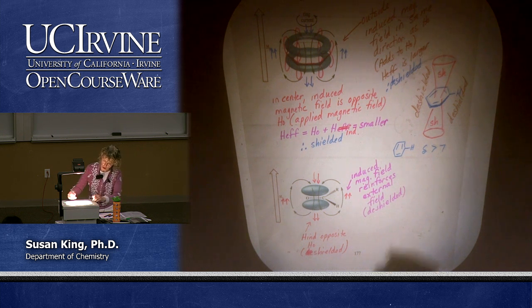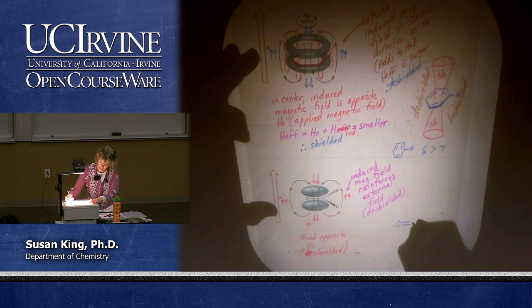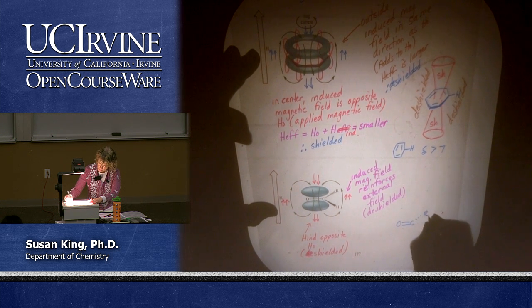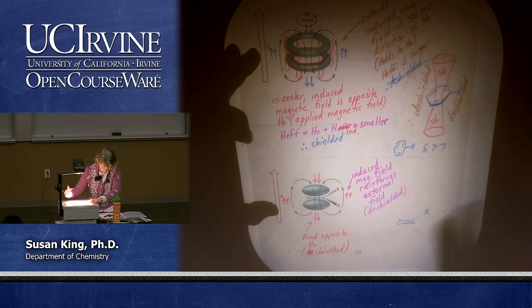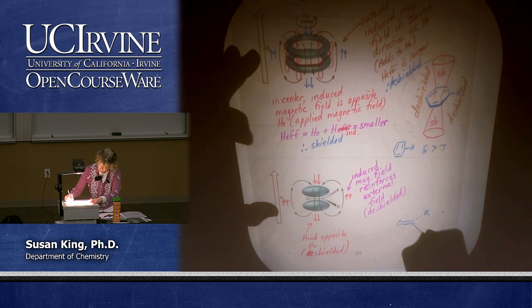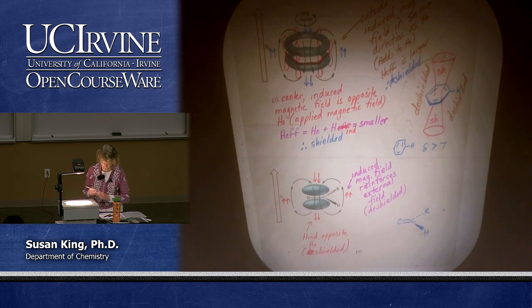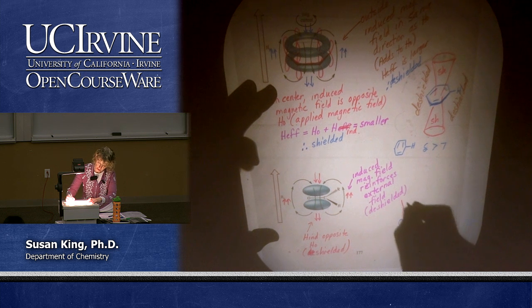Okay, so we have a shielding cone for a carbon-oxygen double bond. It looks like this. If we draw this on its side, this going back, we don't normally draw it this way, but I want to try to draw it so that it's kind of perpendicular to your page. Here's our shielding cone. I'm going to show you for an aldehyde here.